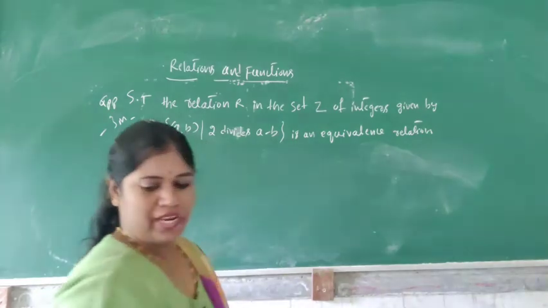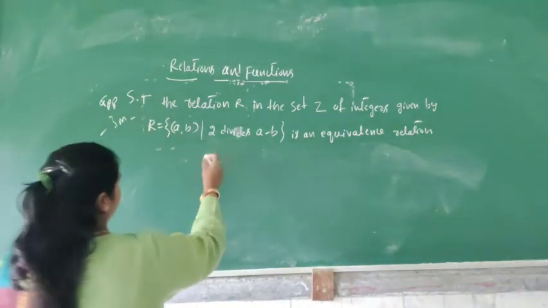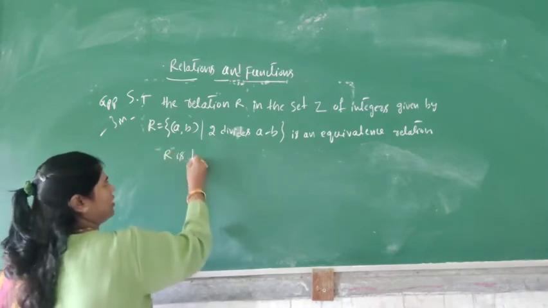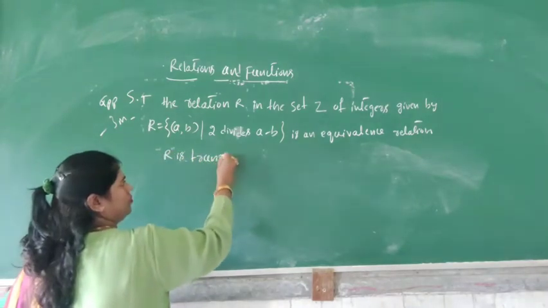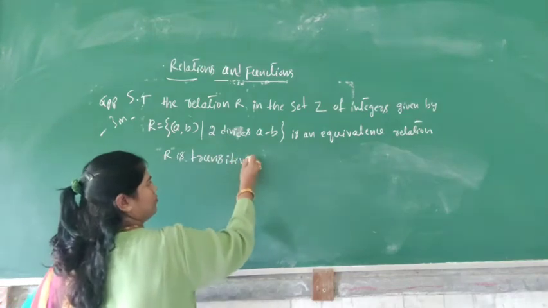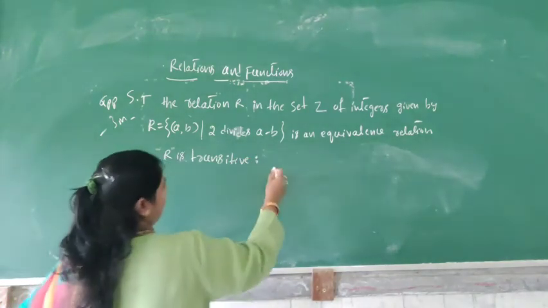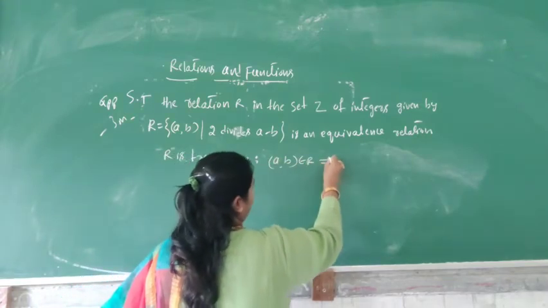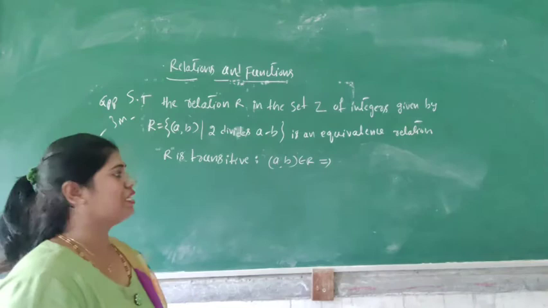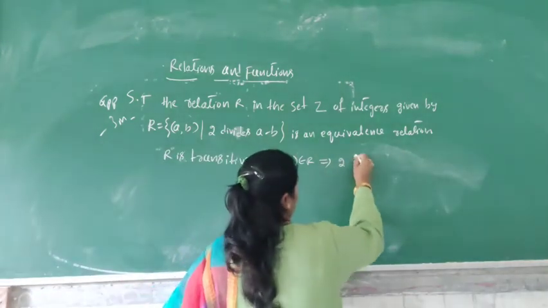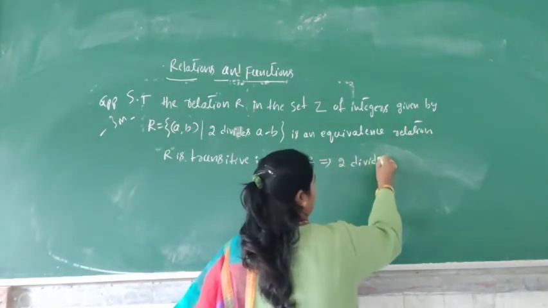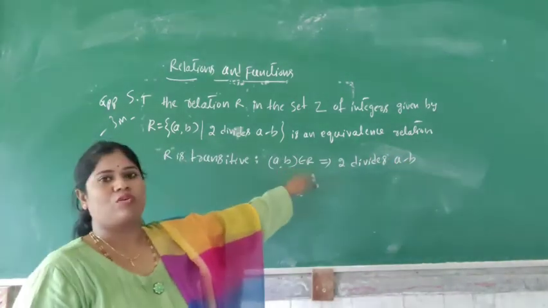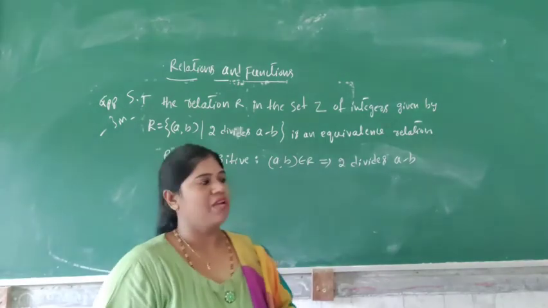What do we have to do next? Transitive. R is transitive. How are we going to write this? (a, b) belongs to R implies 2 divides a minus b. If (a, b) belongs to R, it means 2 divides a minus b.